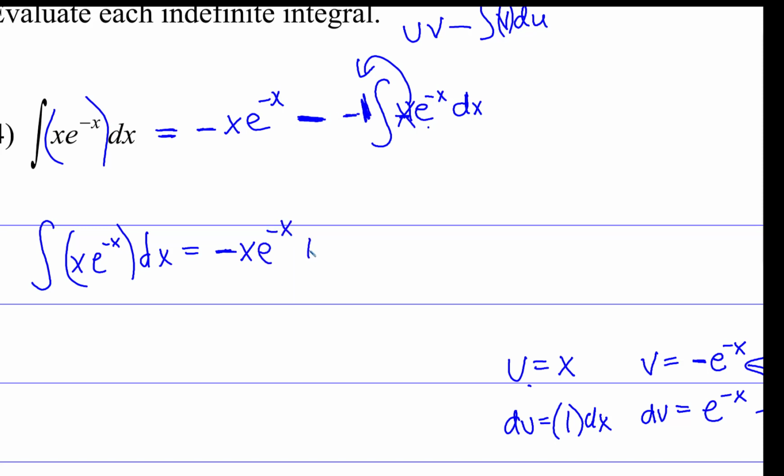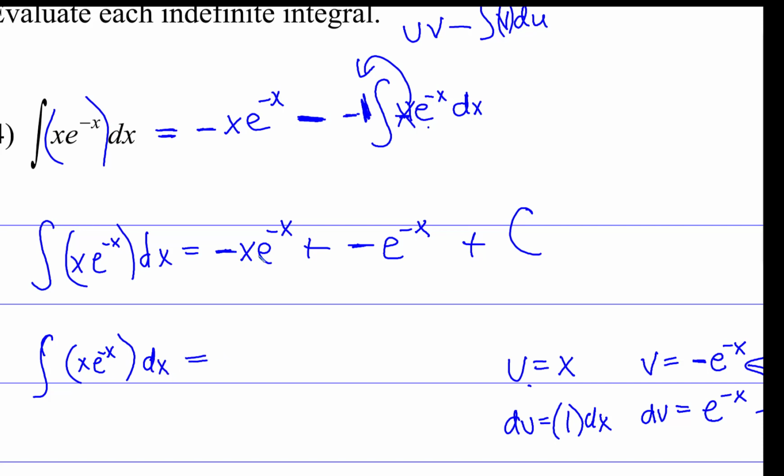Negative times negative is positive, and then the integral of e to the negative x is negative e to the negative x. Well, and then that's indefinite, we need the uppercase C. Ooh, I might not have put it on the last one. That's not good.